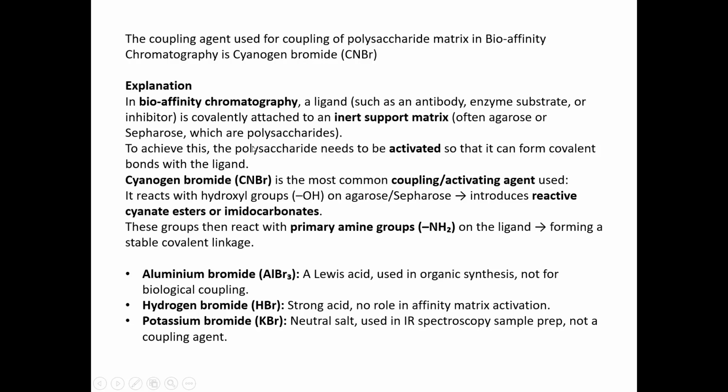So, to achieve this, the polysaccharide needs to get activated so that it can form covalent bonds with the ligand. So, then we have cyanogen bromide, which is the most common coupling and activating agent which is used, and it reacts with the hydroxyl groups on the agarose and saccharose beads or the matrix, and then it introduces reactive cyanate esters or imidocarbonates.